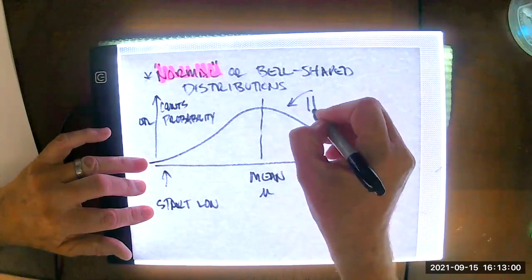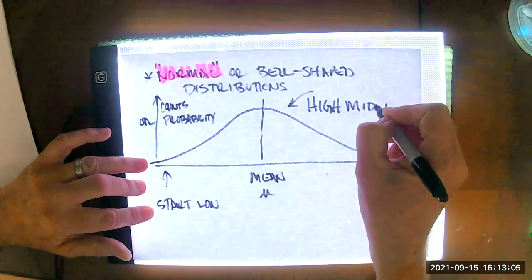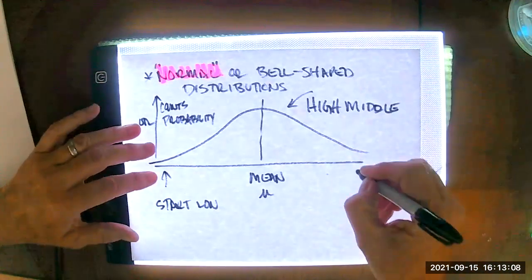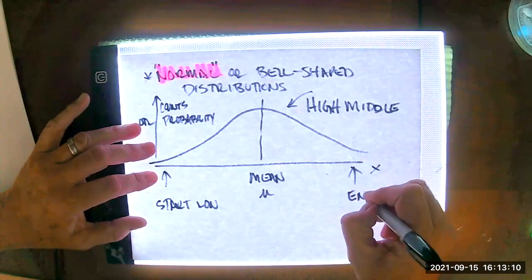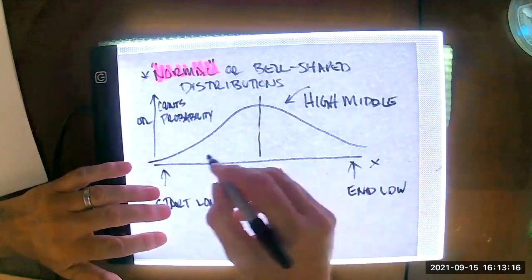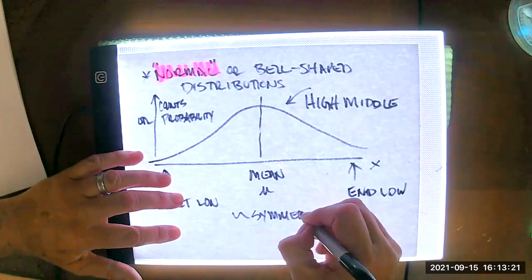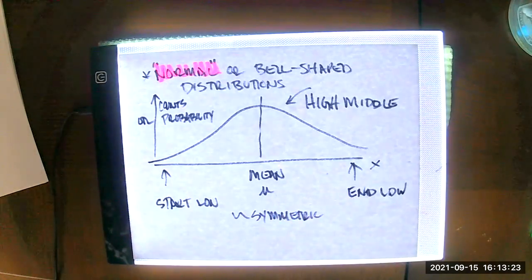We have a high point in the middle. And then they end up low again. And from left to right, it's at least approximately symmetric. The actual graph that we use is perfectly symmetric, but we'll talk about that at the appropriate time, certainly not tonight. So normal or bell-shaped distributions take that into account.